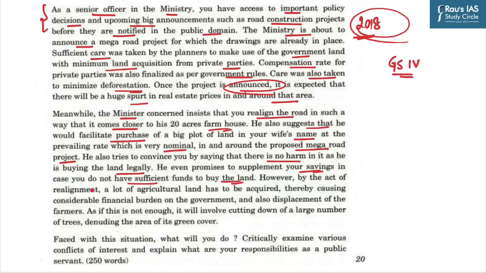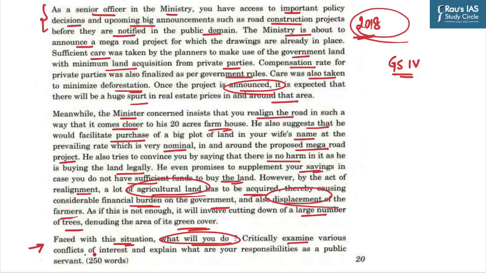However, by the act of realignment, a lot of agricultural land has to be acquired, thereby causing considerable financial burden on government and also the displacement of farmers. Further, it will involve cutting down of a large number of trees which will reduce its green cover. Now the question says, faced with this situation, what will you do?